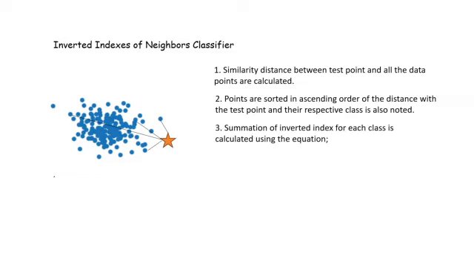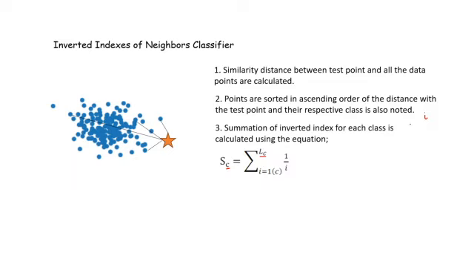And then the summation of the inverted index of each class is calculated using a particular equation like this. What is happening here is, C is a particular class and LC is the total number of points present in that class. Now every data point is given some rank i according to the distance.